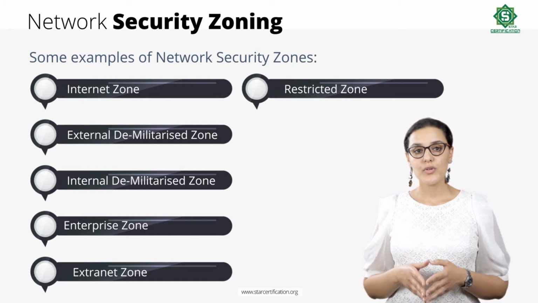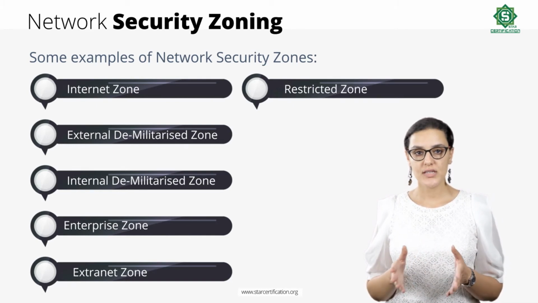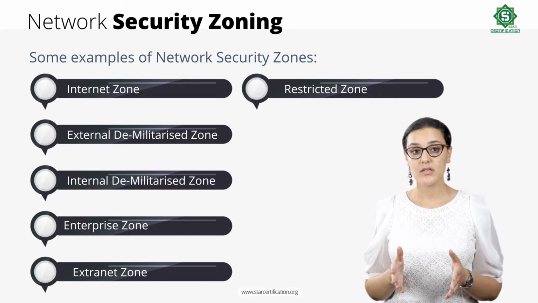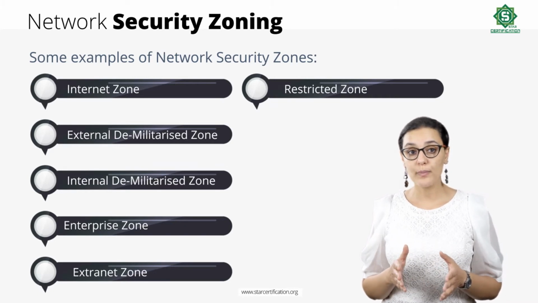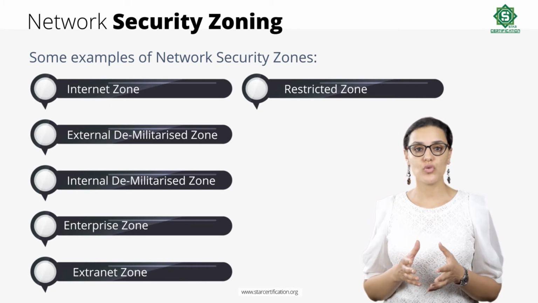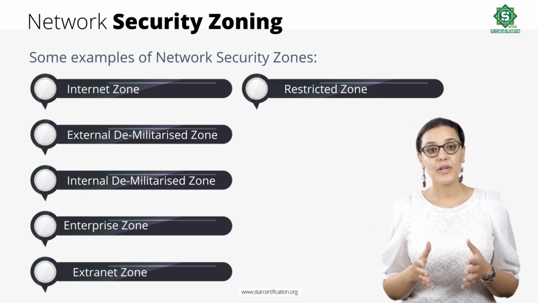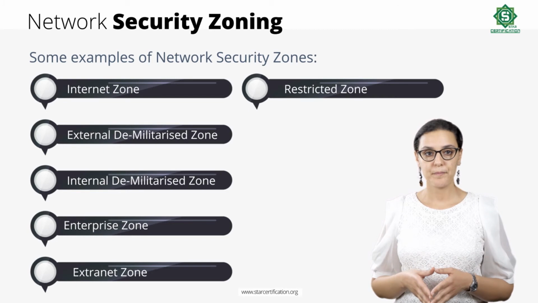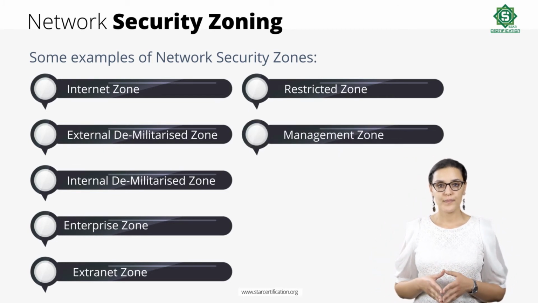Restricted zone. Restricted zone is the most sensitive zone among the network segments. It consists of intellectual property, such as database servers, and sensitive human resource, user, and service-related databases. Management zone.